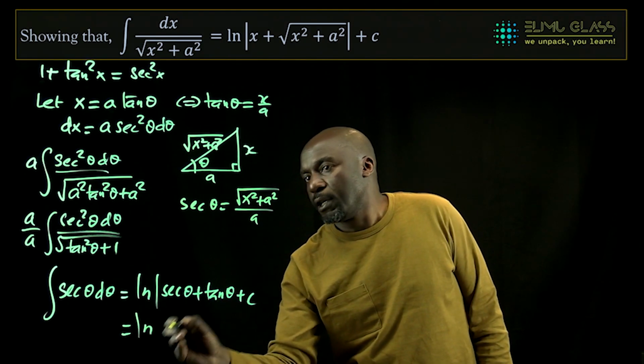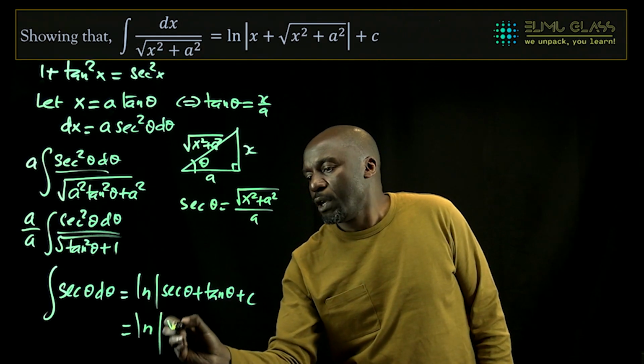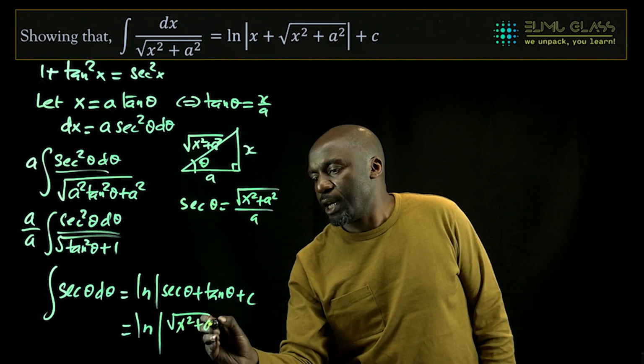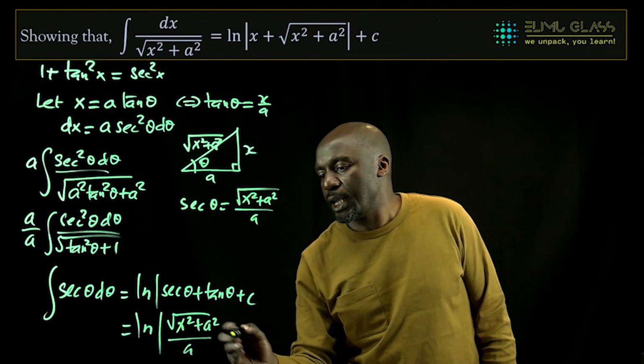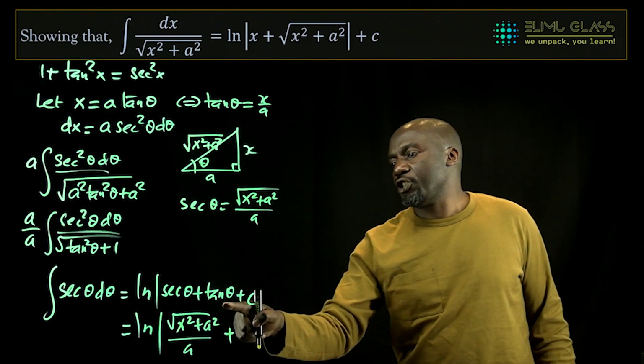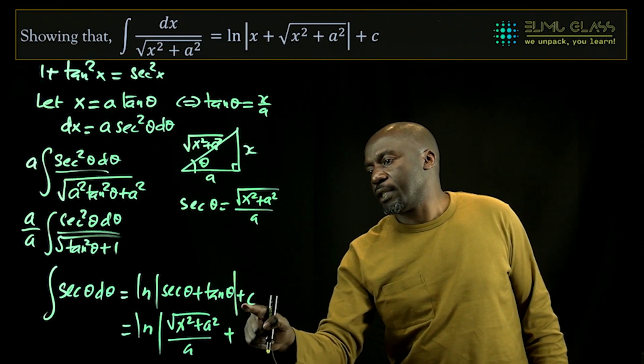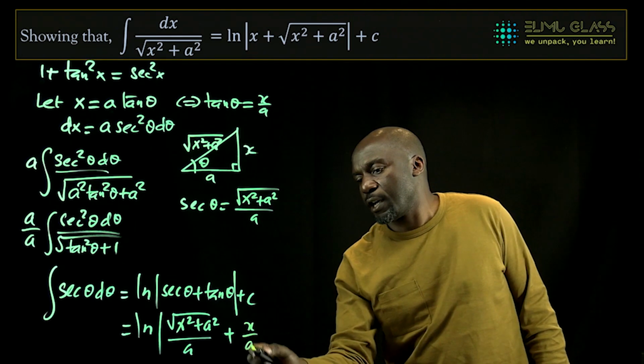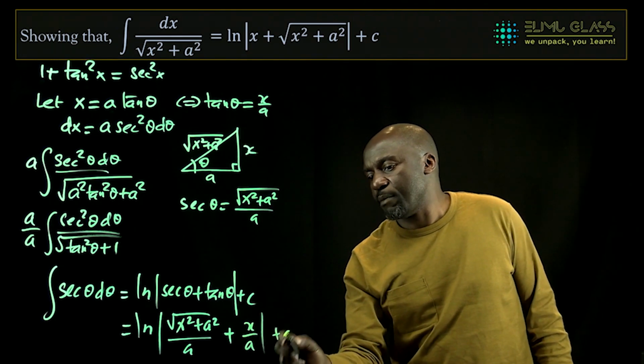And now I can write this as ln of the root. So for sec, I'll put the root of x squared plus a squared, everything over a, plus for tangent, I can put x over a like that. And I have my plus c.